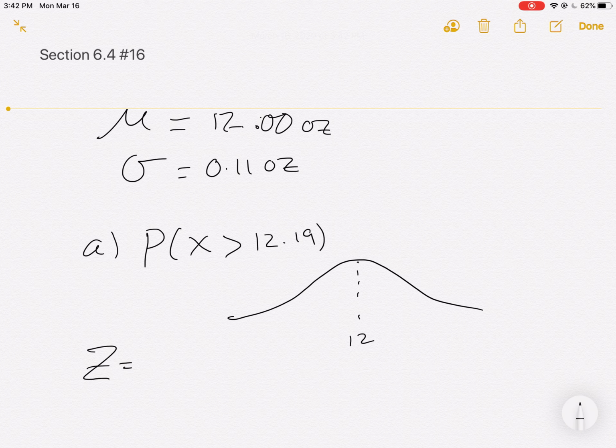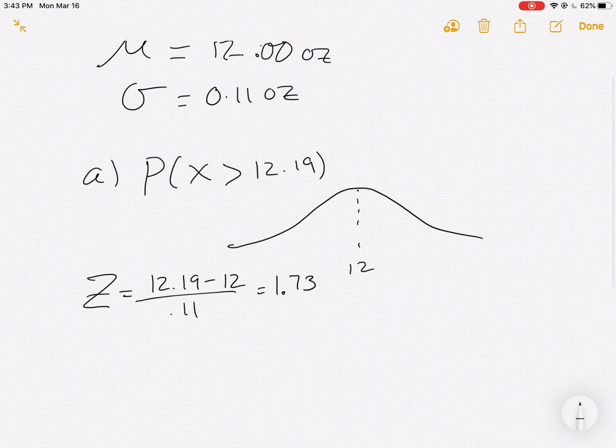So I have to find the z-score of 12.19 by subtracting away the mean and dividing by the standard deviation. If we take 12.19 and subtract away the 12, and then divide by 0.11, we get 1.727, so 1.73. So 1.73 is the number of standard deviations 12.19 is away from 12 under this setting.